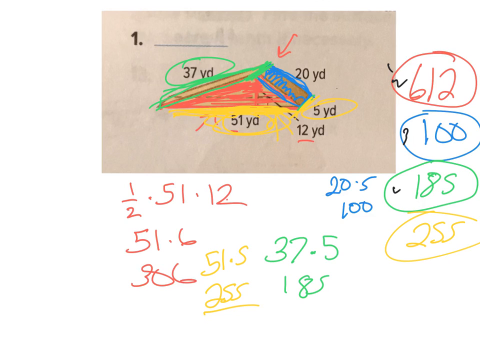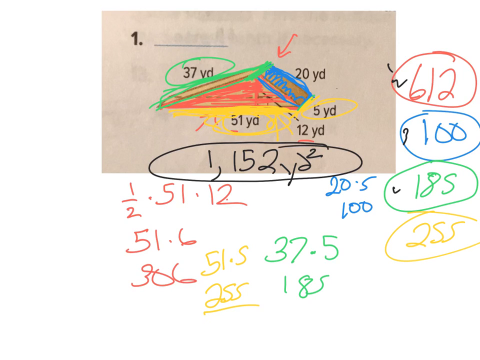Now we just add them up. 612 plus 100 plus 185 plus 255 equals 1,152. It's yards, it's area, so it's squared. And that is good to go. 1,152 yards squared.